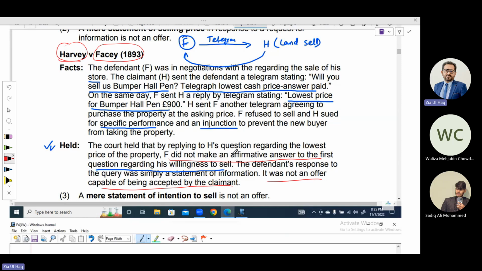So Harvey says, okay, I am willing to buy at 900 and Facey refuses. So this means Harvey made the offer that Facey rejected. My lowest price is 900. This was not an offer. It was an invitation to treat. Very important case. Technical. Can you understand this case?